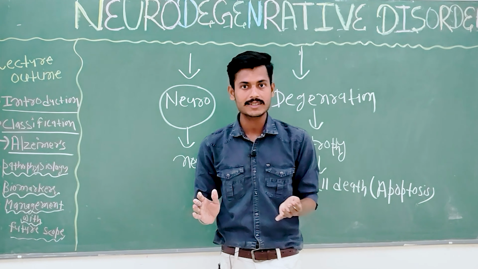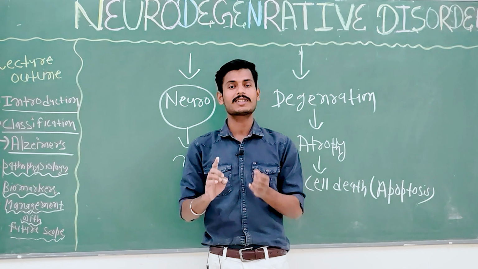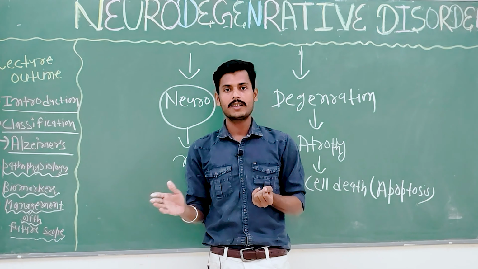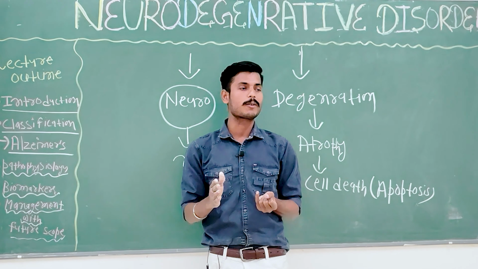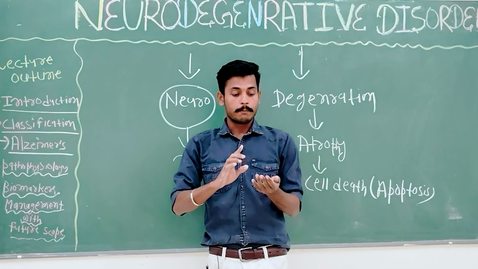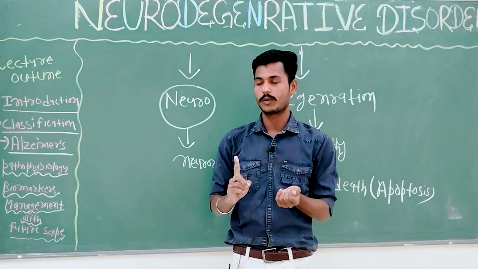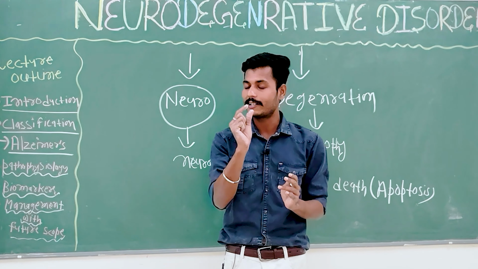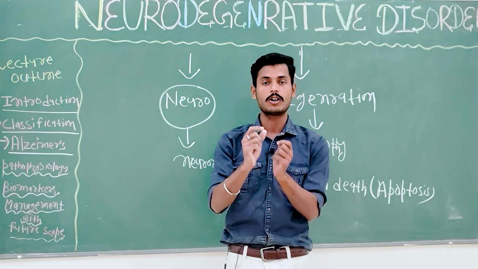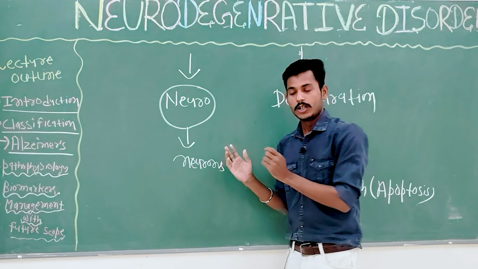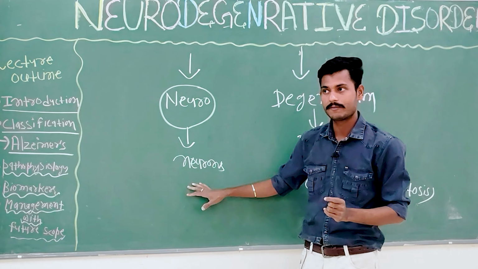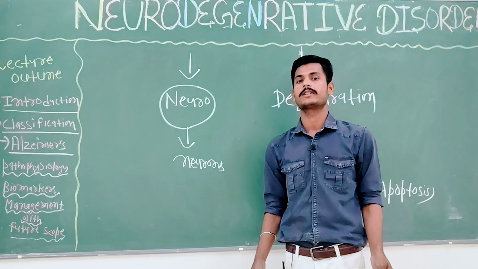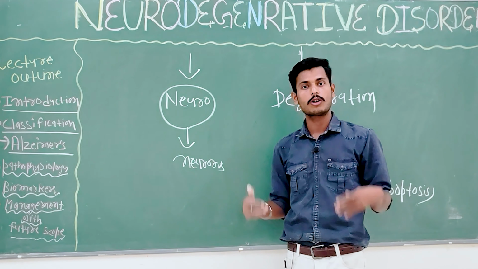We have so many cells, and the neuron is one of them, which is like a controller. We have different systems in our body, and each system performs a different function, but we need one controller. So the nervous system is the one which controls all the systems, and the fundamental cell of the nervous system is our neuron. So if the neuron degenerates, if neurons start dying, the consequences are felt all over the body.